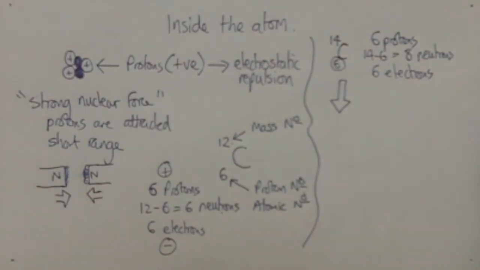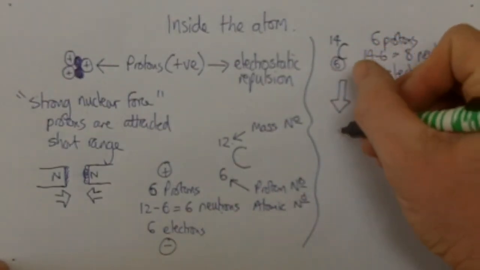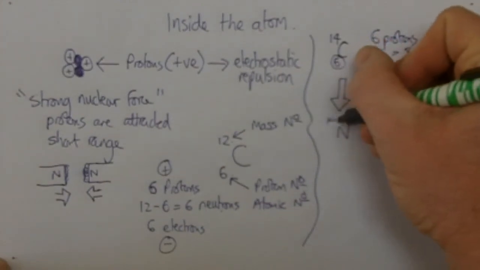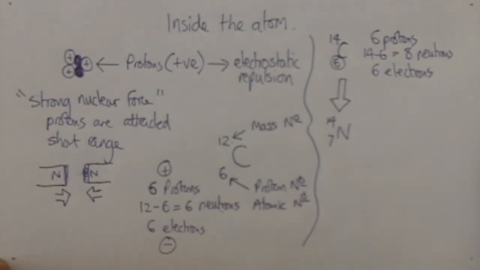And what actually happens to carbon-14 is it decays into nitrogen-14, which has 7 protons, and we'll deal with what happens there when we look at alpha, beta and gamma radiation.